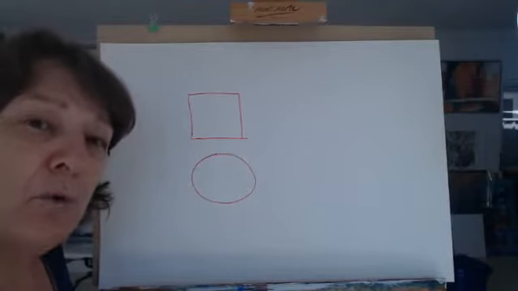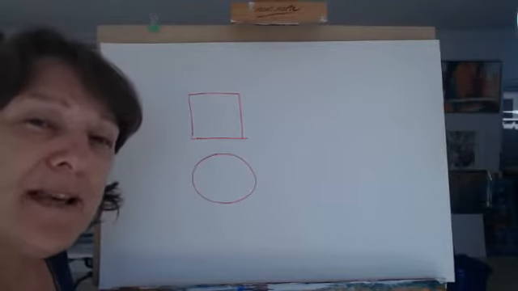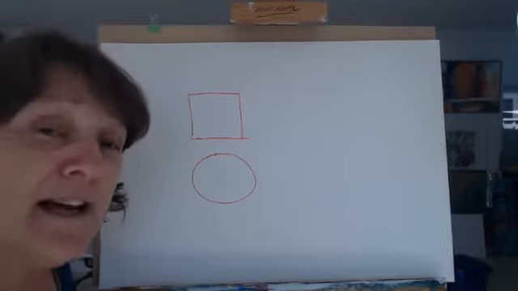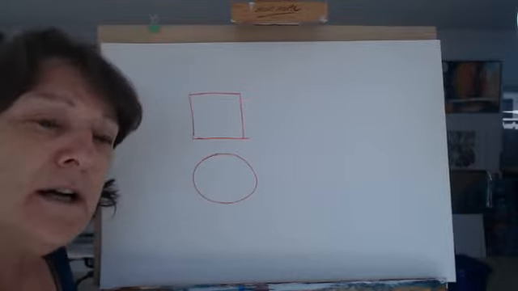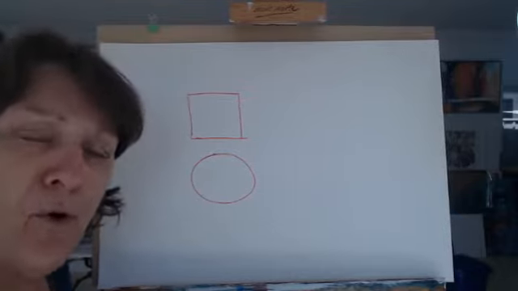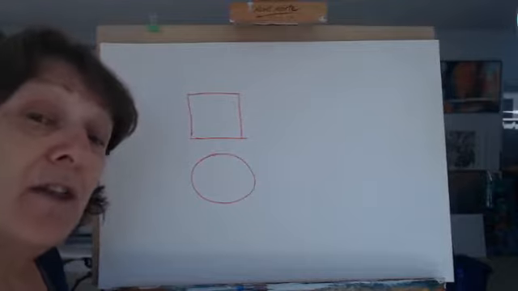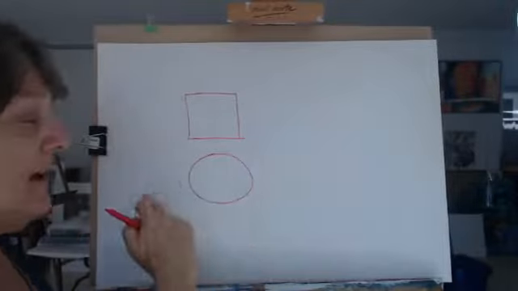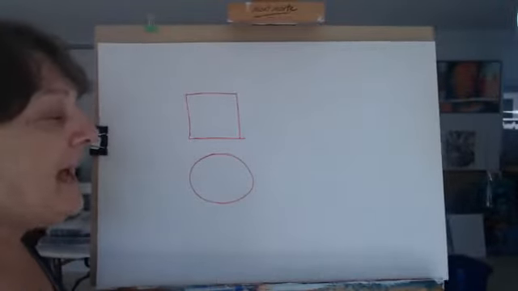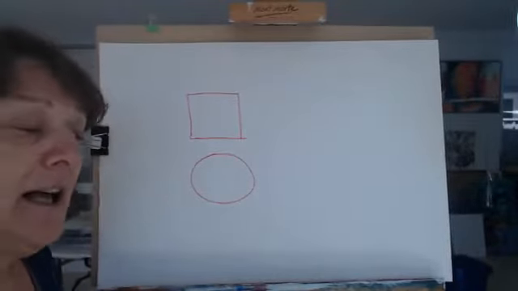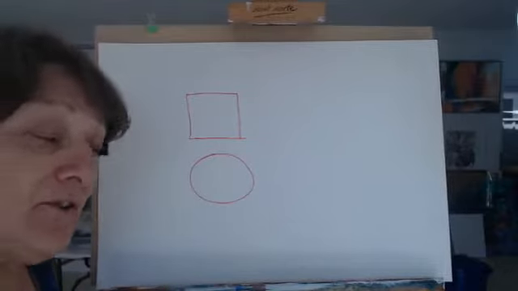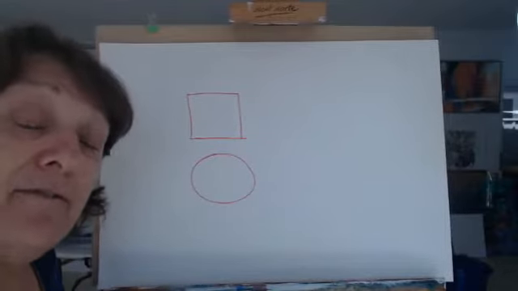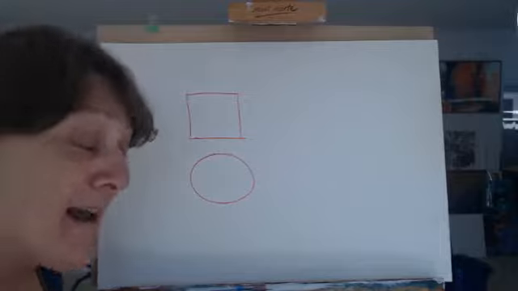So the word form describes something that has 3 dimensions. It has form. So sculptors work with form all the time. So the dimensions we've got are height or length and width. And that's it. For sculptors and for reality, we have a 3rd dimension, which is depth.